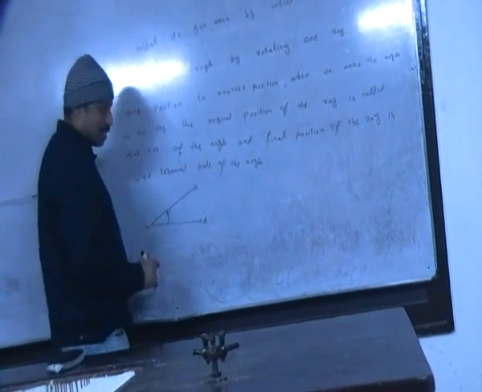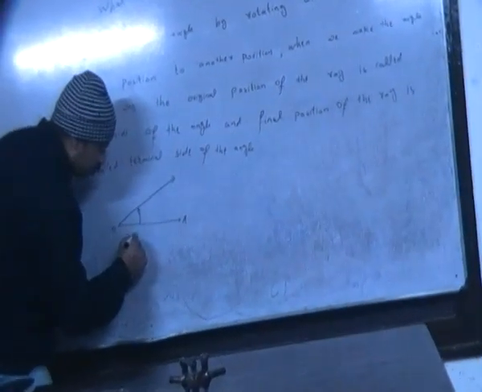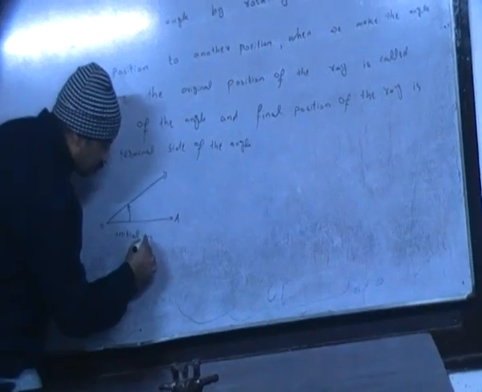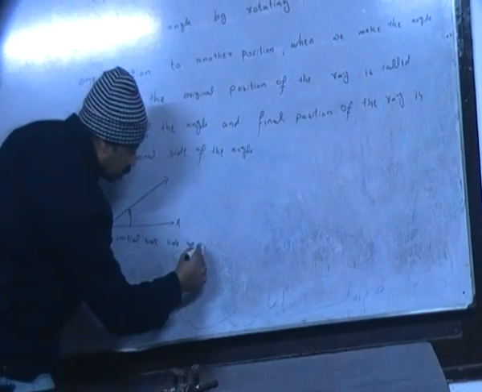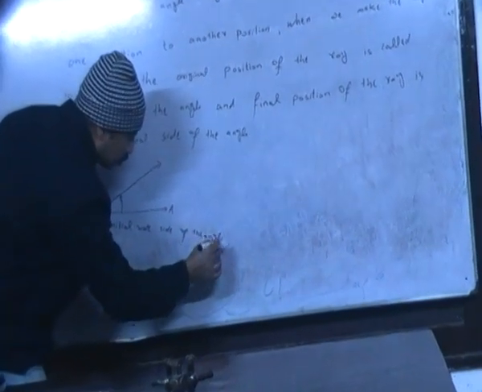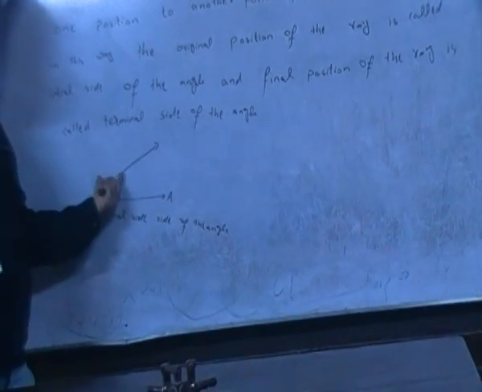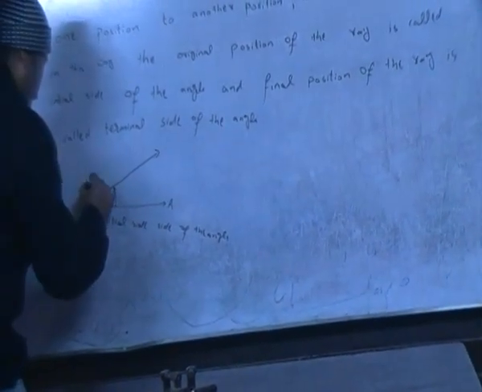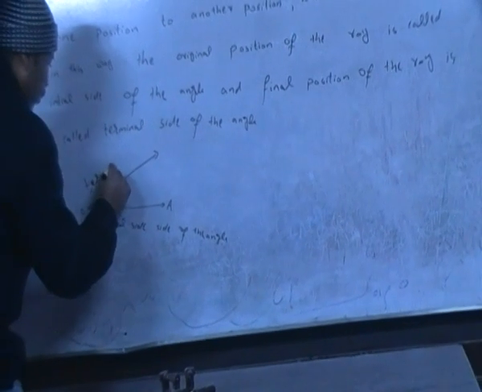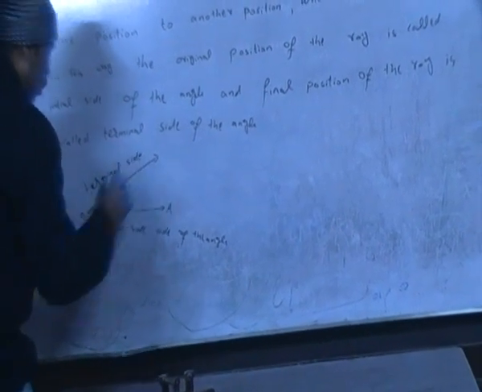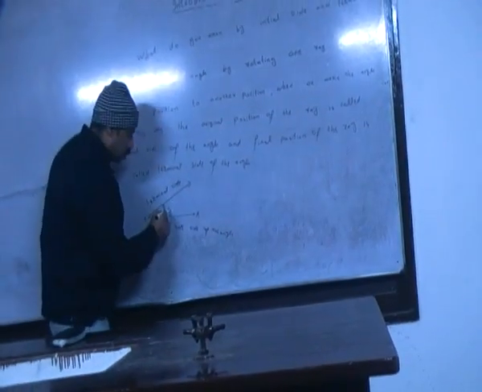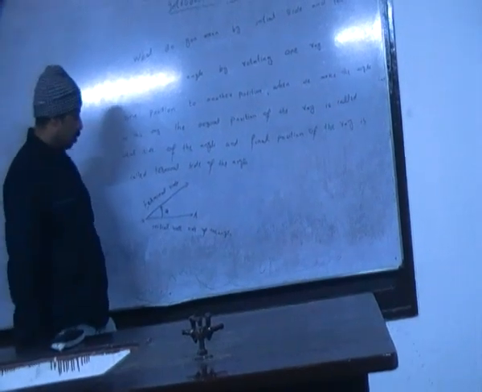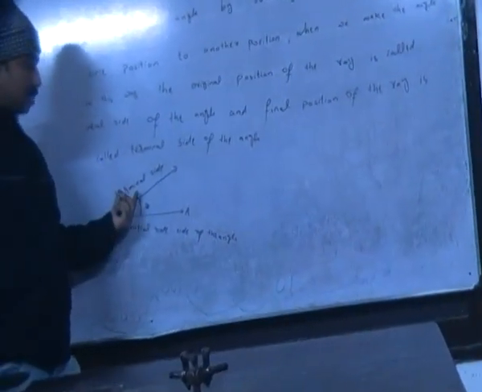The first position of the ray is called the initial side of the angle, and this is called the terminal side of the angle. And it is an angle, say theta. Initial side of the angle, terminal side of the angle, anti-clockwise rotation.